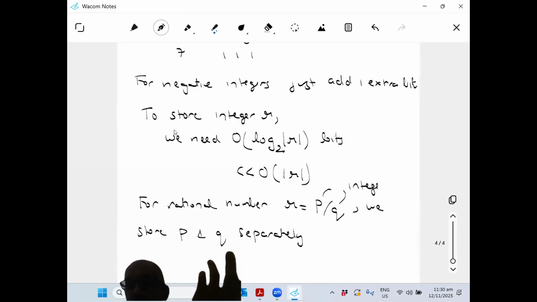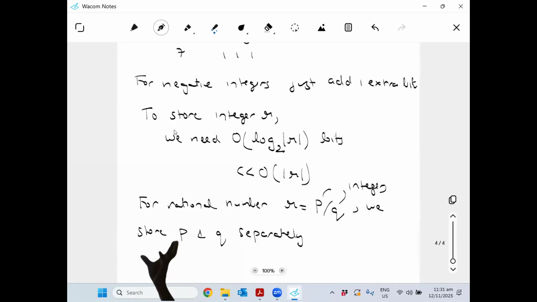So if I give you a number like 1.4142, I can store it as 14142 divided by 10000 or whatever and store them separately. I can even simplify them if I want and then just store the bits separately. So basically the only point I want to make here is that for storing a number A, you require roughly log of A bits.